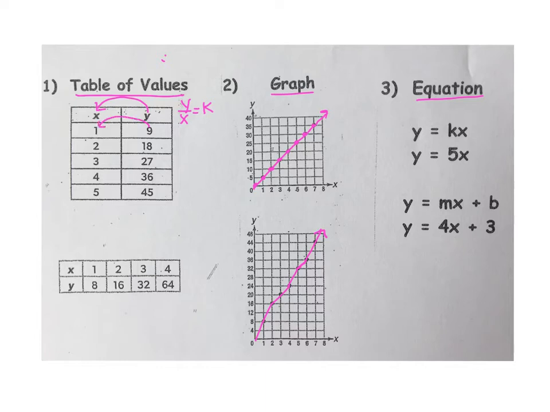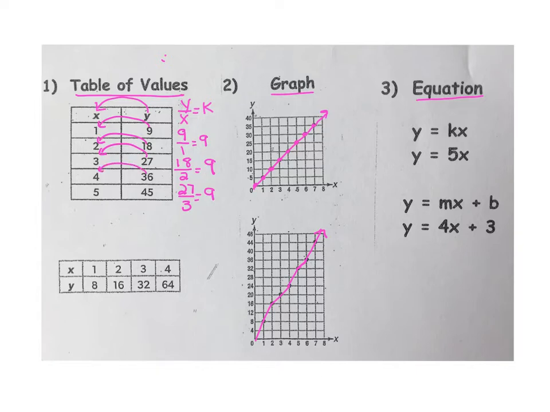We're going to compare 9 over 1, which is a K rate of 9, 18 over 2, which gives us the same steady K value or K rate, 27 over 3, or divided by 3, again gives us a value of 9.